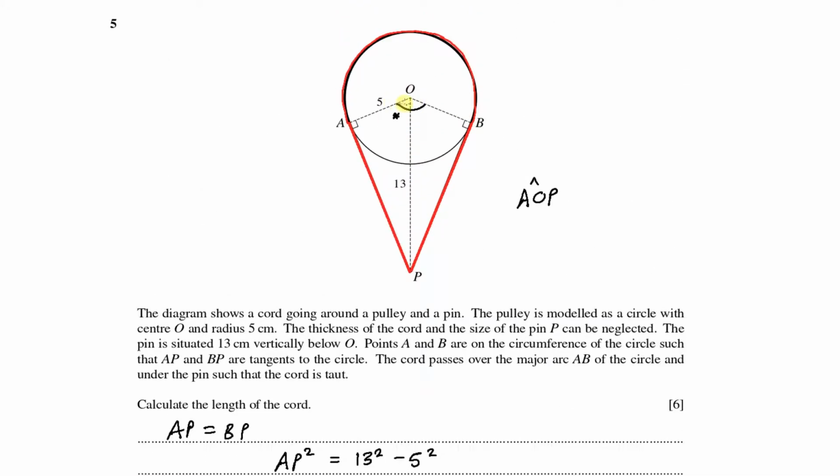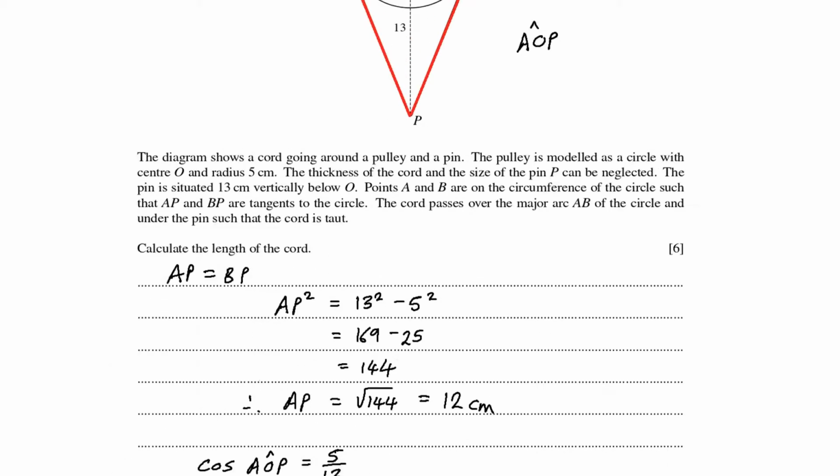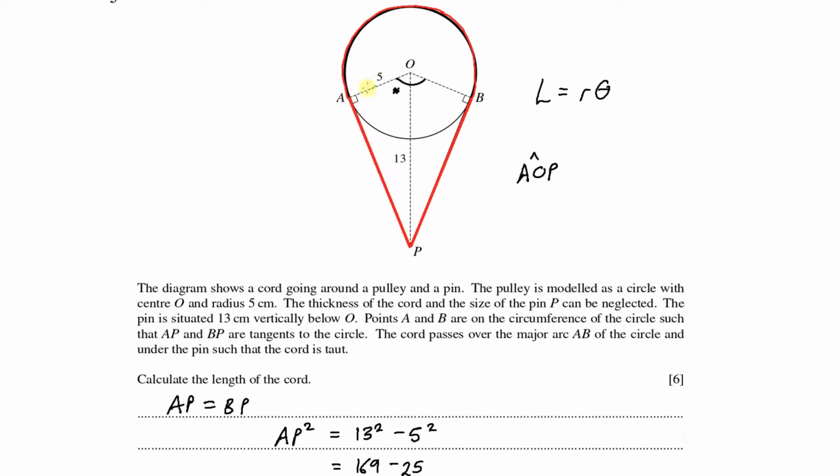So now that we have the angle AOB, we can work out the length of the minor arc AB. Remember, length of arc is calculated as r theta when theta is in radians. So let's do that. So minor arc AB is r theta, and the radius, what's the radius by the way? The radius of the circle is 5.